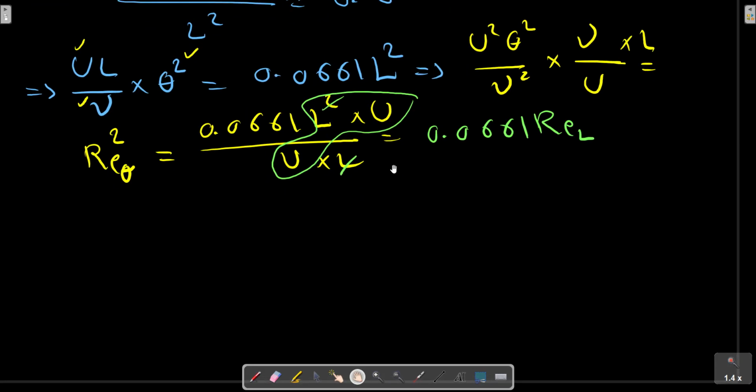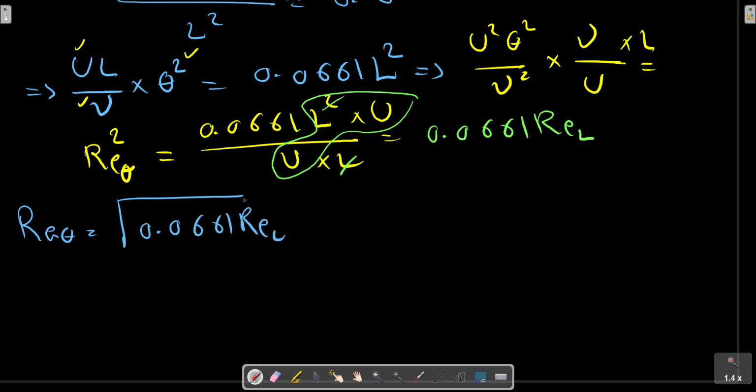Now we can calculate Reynolds theta. Reynolds theta is the square root of Reynolds L, times a constant.